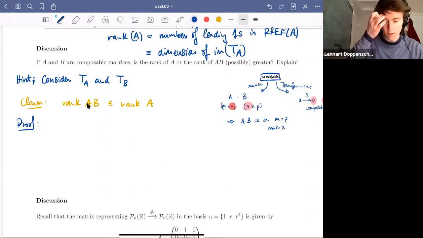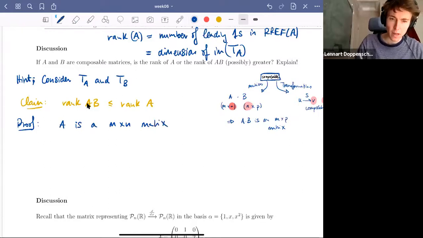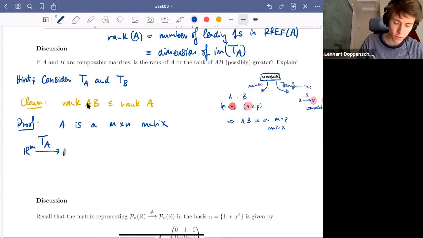So first of all, if you have T_A, where A is an m cross n matrix, then we can define T_A as the transformation going from R^m to R^n.